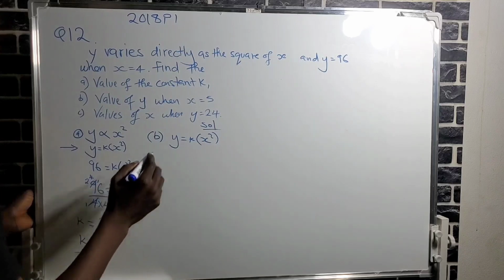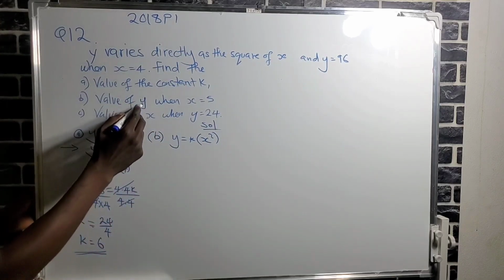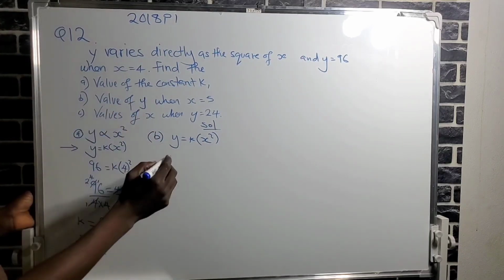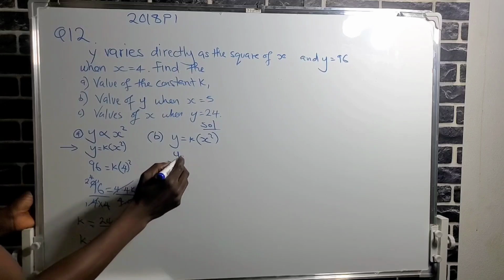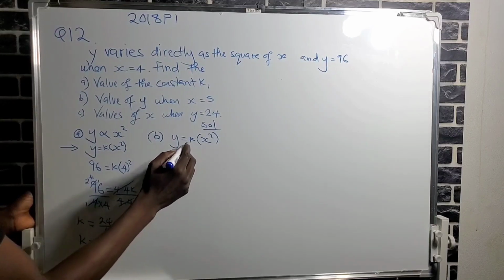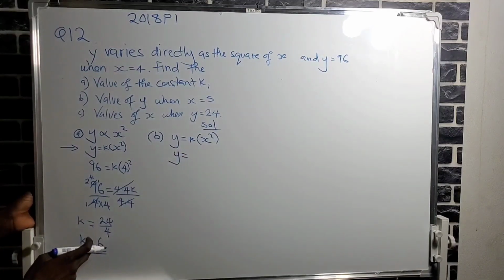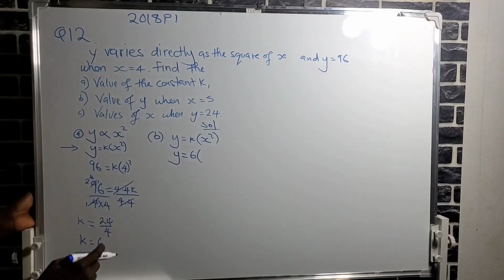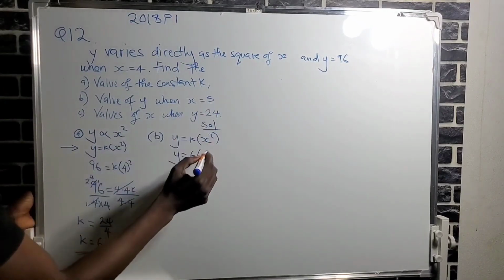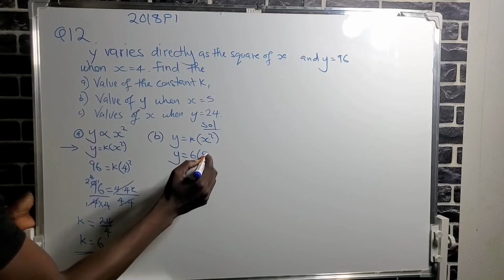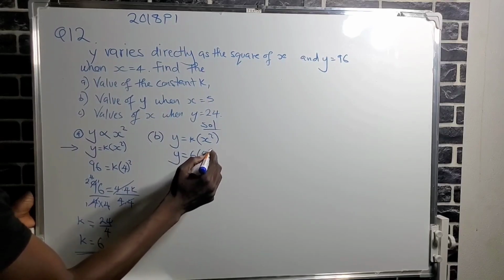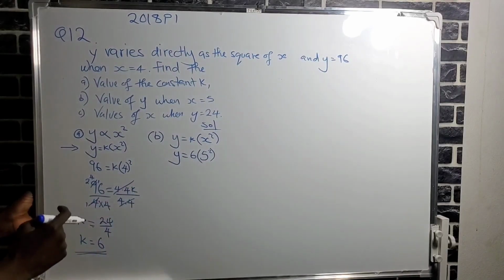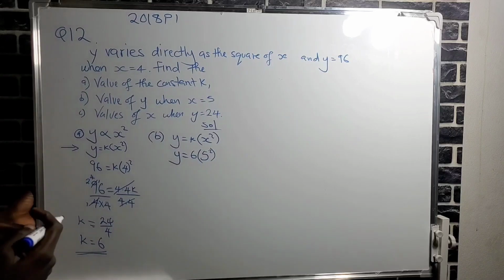Then what is the value of y? We don't know, it's the one that you are calculating, so we're going to leave it as y. y is equal to, what is k? The constant we've already calculated as 6. So we're going to write 6 multiplied by, what is x? x is 5. So we're going to write 5 where there is x, and the 2 follows. So it will be 5 to the power 2.